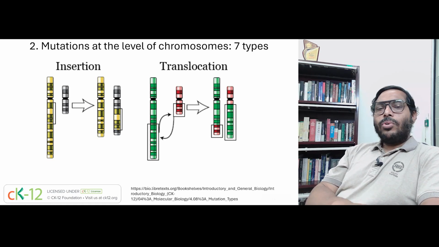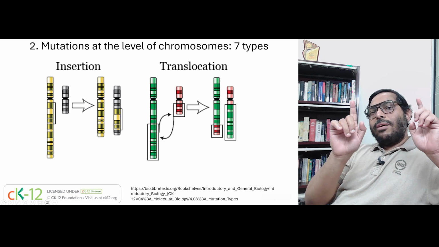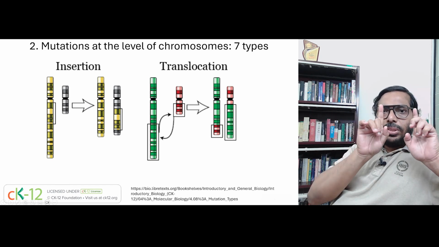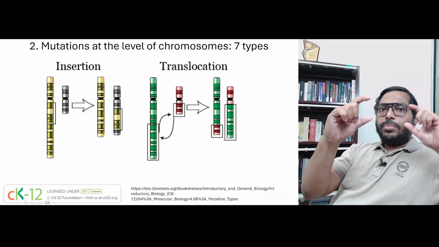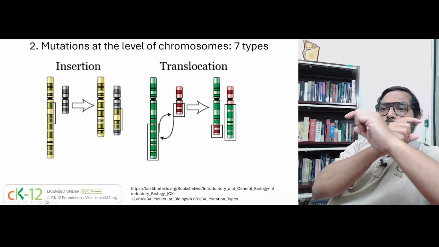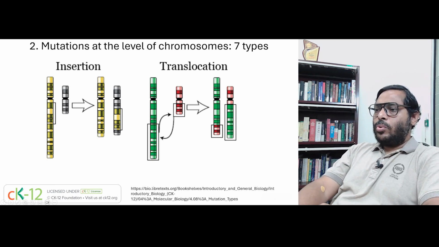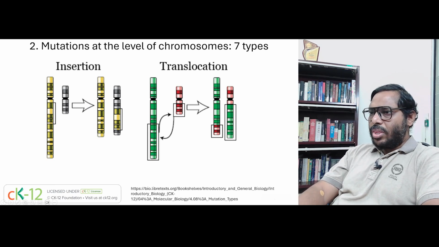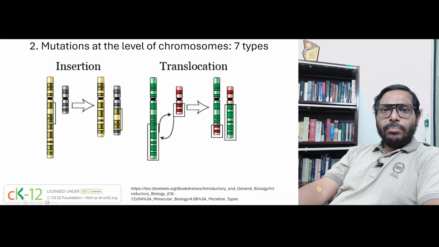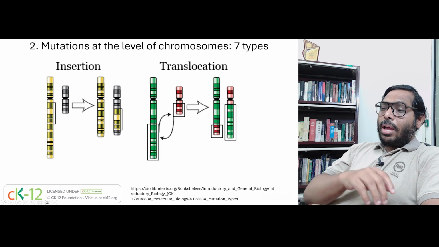And in translocation the same thing happens, but now you have reciprocal insertion. In other words, you have 2 chromosomes, a portion cuts from here, a portion cuts from here, then that portion is exchanged, which is what I am showing you over here in this figure. So, these are the 7 major types of changes that can happen at the chromosomal level.